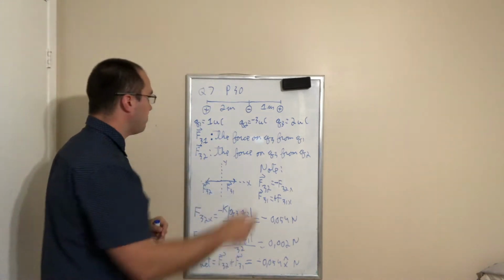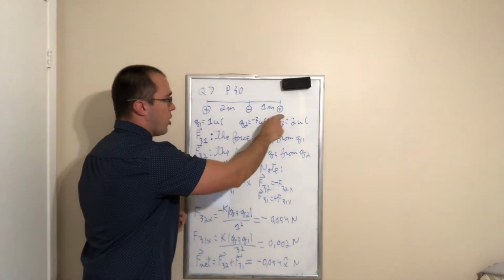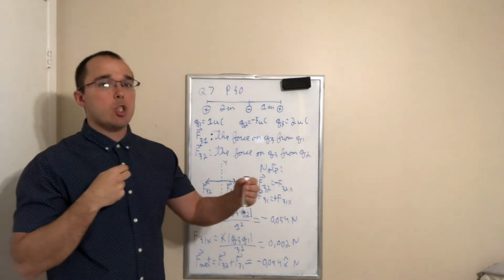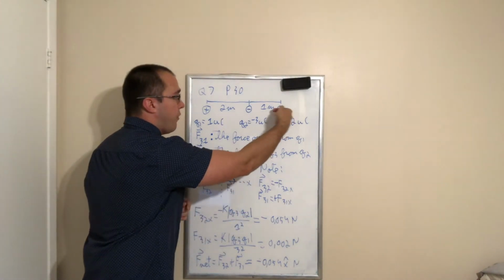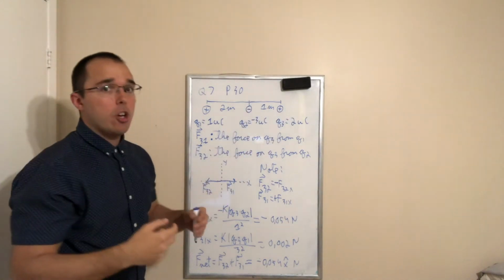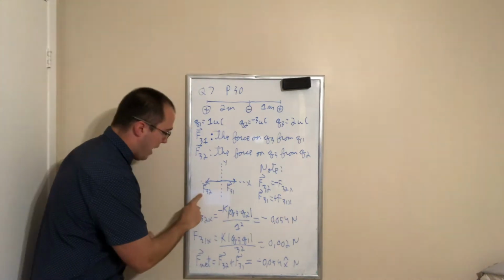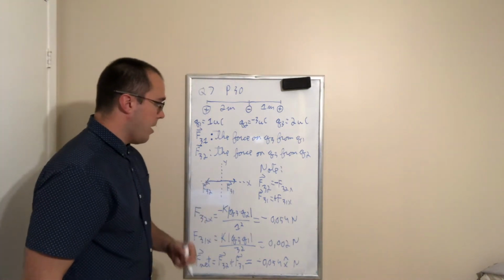The second force is between the second charge and the third charge. In this case, this one is negative and this one is positive. They will attract each other. So from the point of view of the third charge, there's a force pulling the third charge toward the left, toward the negative x-axis. So F32 is pointing in the negative x direction.